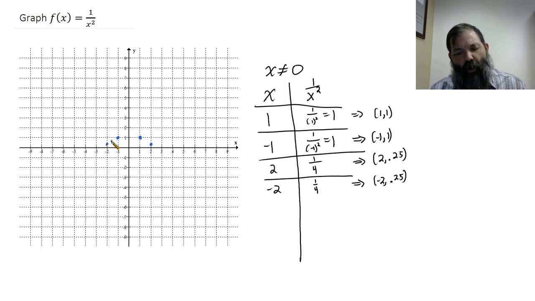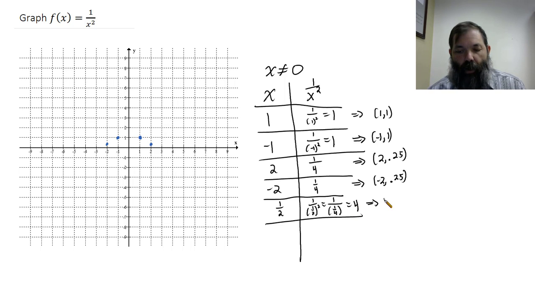And so what if we chose a number between, say, 0 and 1? How about if we chose 1/2 as my input? If my input was 1/2, then my output would be 1 over 1/2 squared. That's 1 over 1/4. And 1 divided by 1/4 is 4.